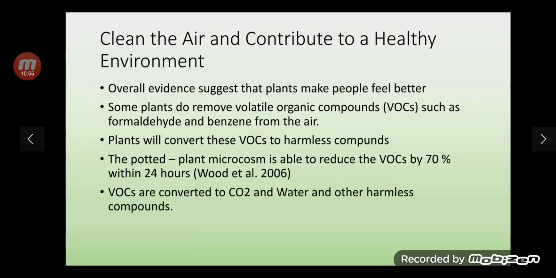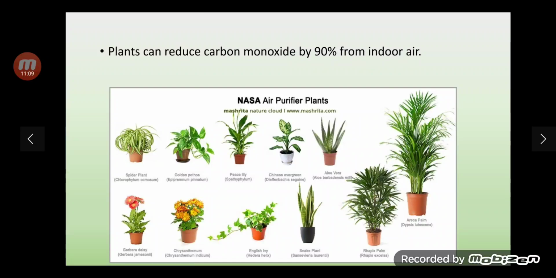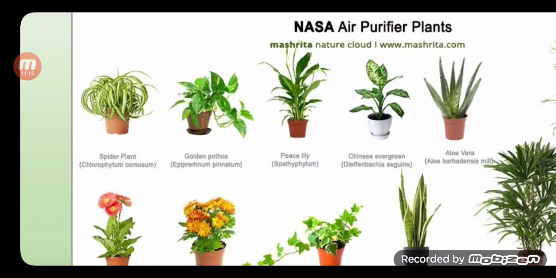Wood et al. 2006. Volatile organic compounds are converted to CO2, water, and other harmless compounds. Plants can reduce carbon monoxide by 90% from indoor air.